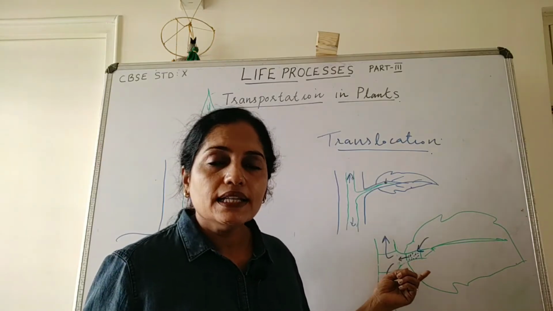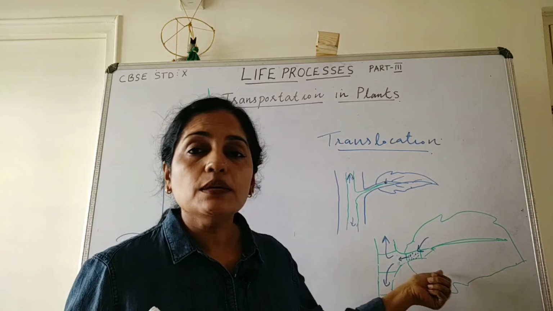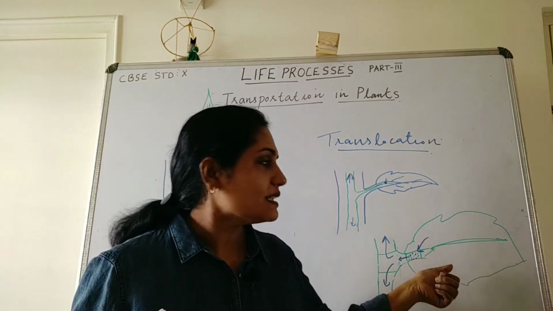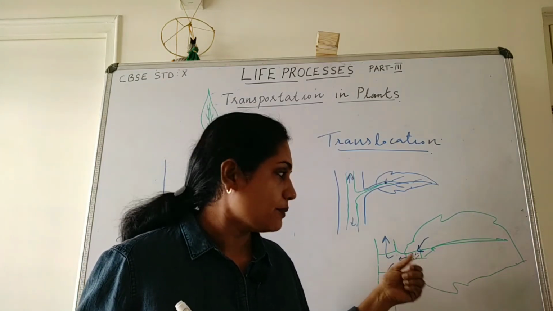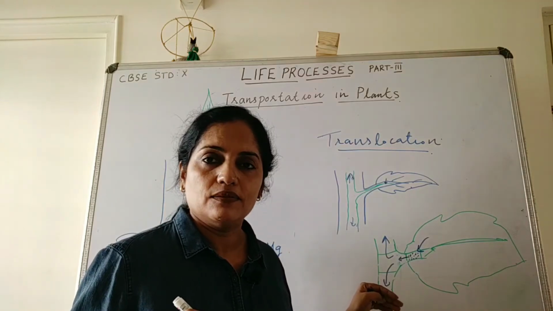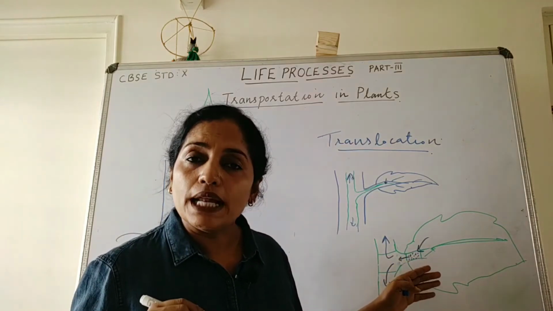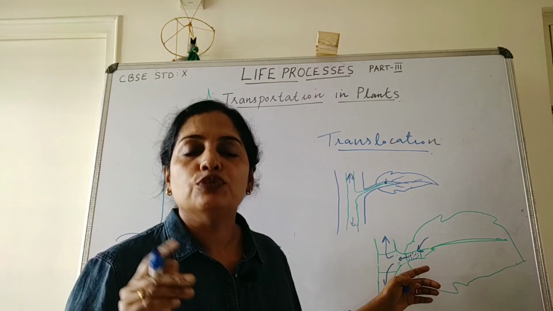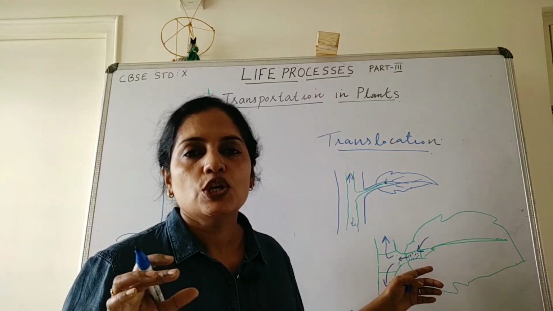Osmotic pressure in the phloem cells in the green parts of the plant is much higher than in the phloem cells in the other parts of the plant. Why? Due to the accumulation of prepared food in the form of soluble sugar.